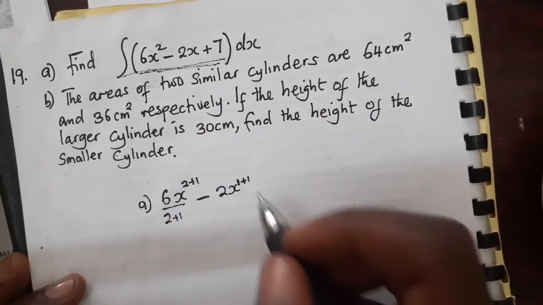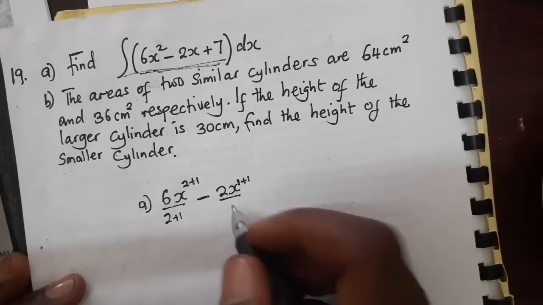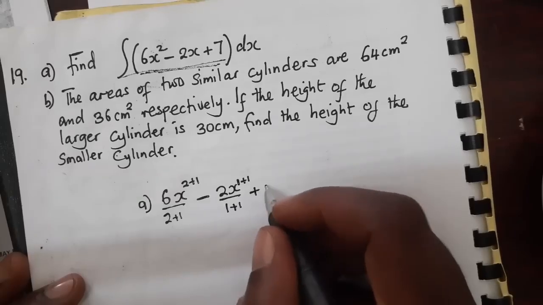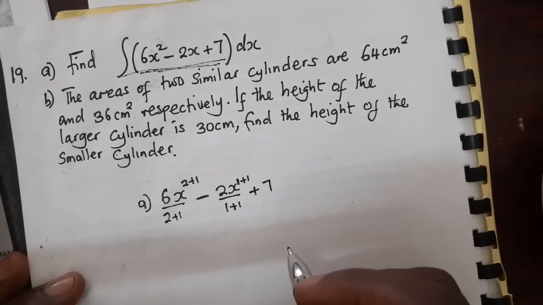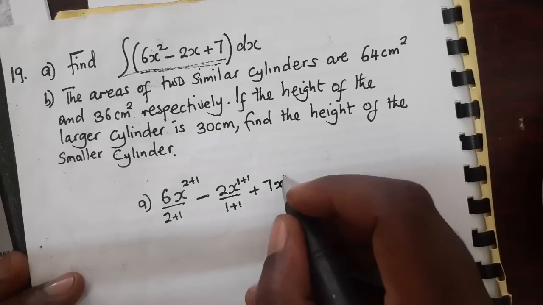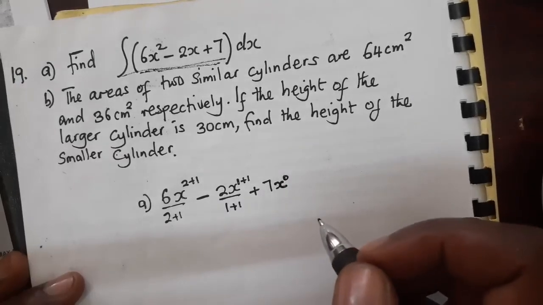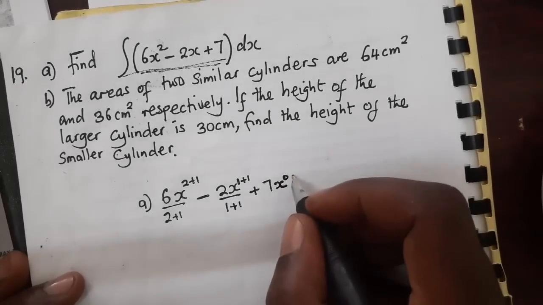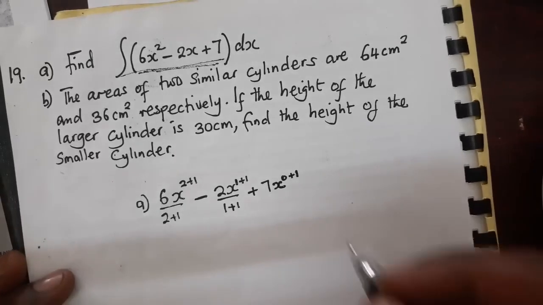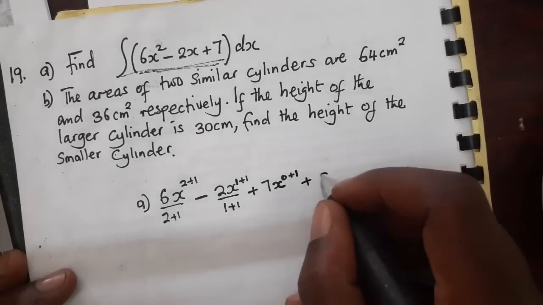So we add another 1 over 1 plus 1 plus 7. Now, on this 7, it's like we have an invisible x, which is raised to the power 0. Okay? So now, at this point, we need to add a 1 here. Okay? From here, we add a constant.